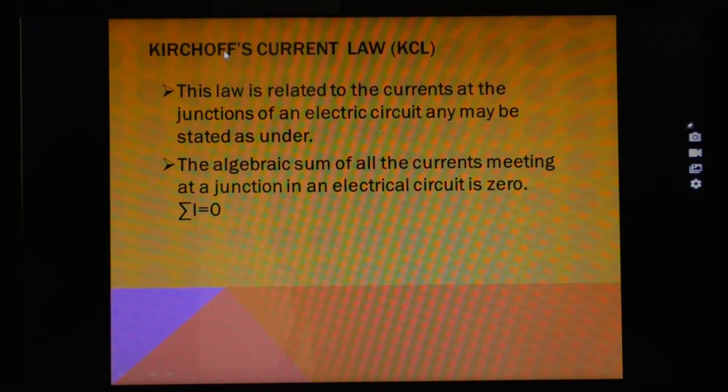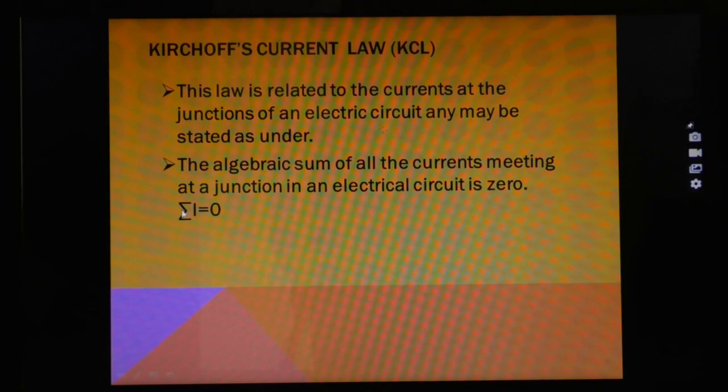Now, first of all we come to Kirchhoff's current law, known as the KCL law. This law is related to the currents at the junctions of an electric circuit, and may be stated as follows. The statement of KCL: the algebraic sum of all the currents meeting at a junction in an electrical circuit is equal to 0.